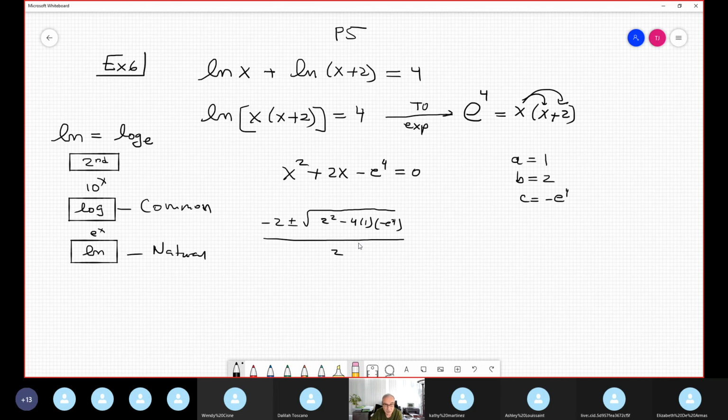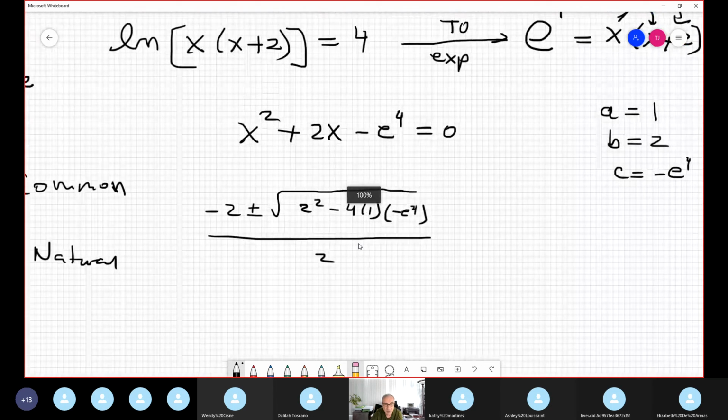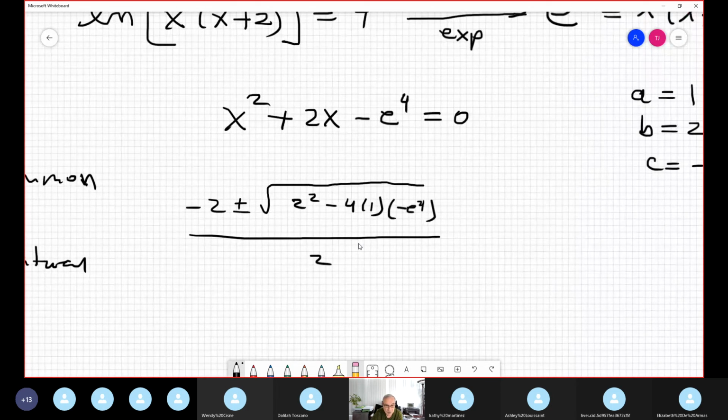Let me make a zoom and focus in this expression. 2 to the 2nd power is 4, this is 4. And we have double minus, become positive 4e to the 4th power. Well, I apply the square roots. 4 plus 4e to the 4th.